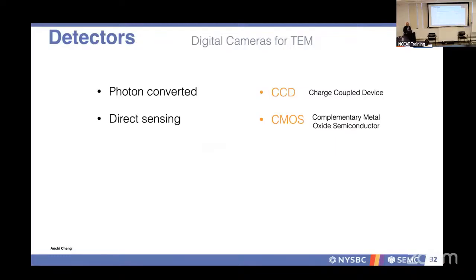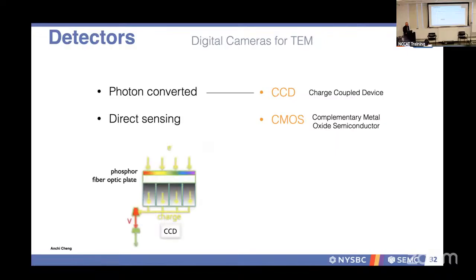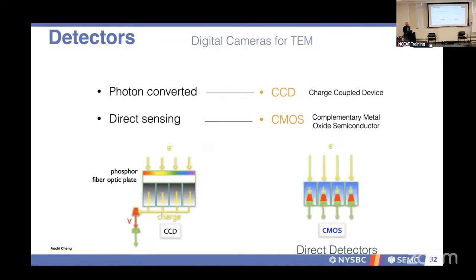We have different types of detectors that are scintillated, meaning they are photon converting: an electron hits a scintillator, kicks out a photon, then we convert that back to electrons. Or direct sensing, like the CMOS cameras in your phone. In the early days, moving from film to initial cameras, there was CCD, and roughly a decade ago, direct detectors became more mainstream.